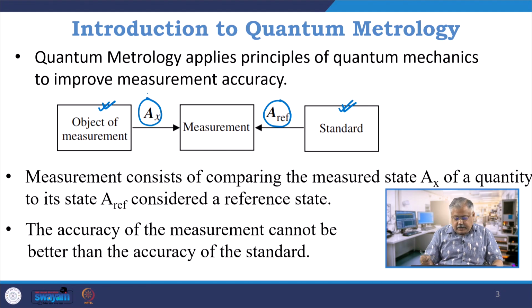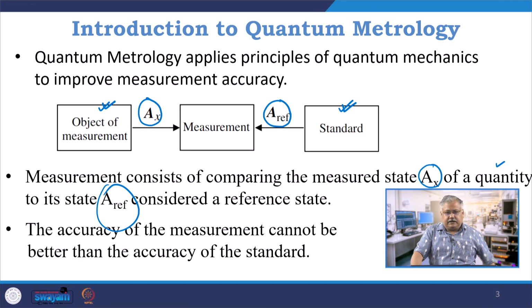So, you are basically comparing this Ax state of a quantity to a reference, considering the reference to be the standard state. Let us suppose I want to measure a dimension of a particular object. Then my reference is, let us say, a volume of 1 meter by 1 meter by 1 meter, which is my benchmark.